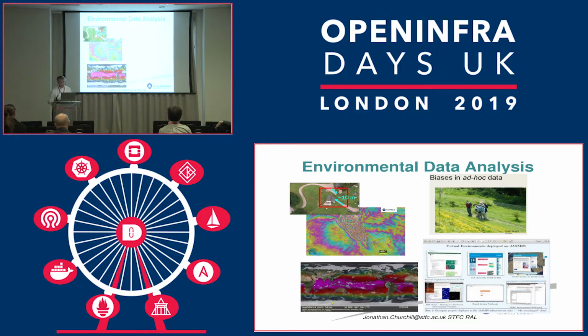The other thing that JASMIN does is climate analysis research. So this is from a 600 terabyte data set that was run on Hermit, one of the PRACE machines in Germany. It ran for about a week for the whole of a climate simulation. So that's all the oceans, all the atmosphere, all the land, for a 10-year simulated run.